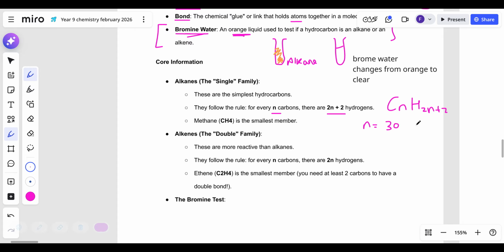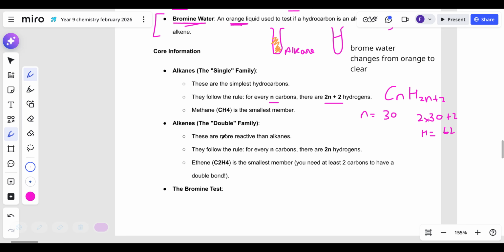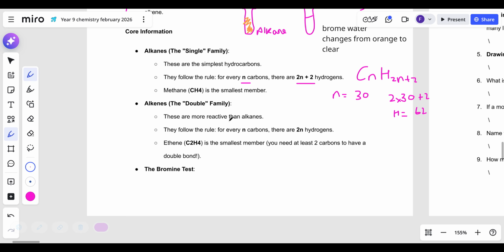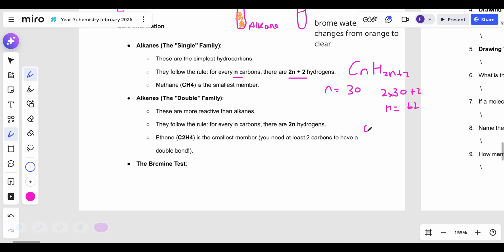If n equals 30, 2n means 2 times n. Well, n is 30. 2 times 30 is 60. Add 2, 62 hydrogens. Okie dokie. Now, the alkenes, the double bond family, they're more reactive than alkanes, and their general formula is CnH2n.